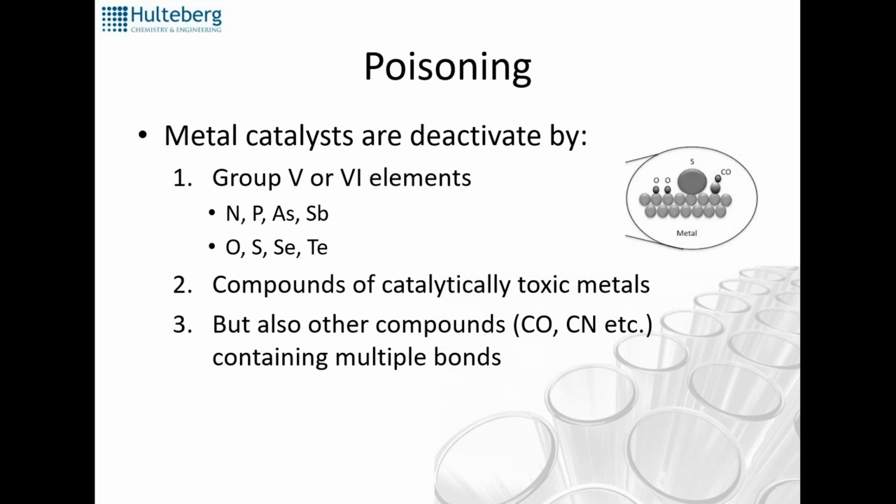These species are deactivating the catalyst, but compounds of the catalytic toxic metals like hydrogen sulfide or other sulfur components will also introduce deactivation, as do other compounds that contain multiple bonds, like carbon monoxide and carbonyl nitrile, things like that.